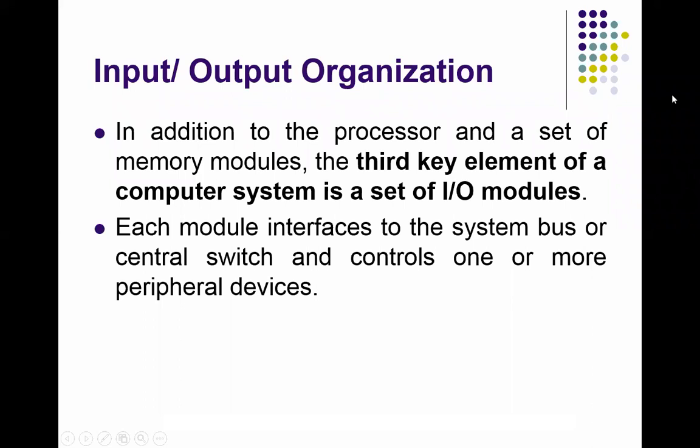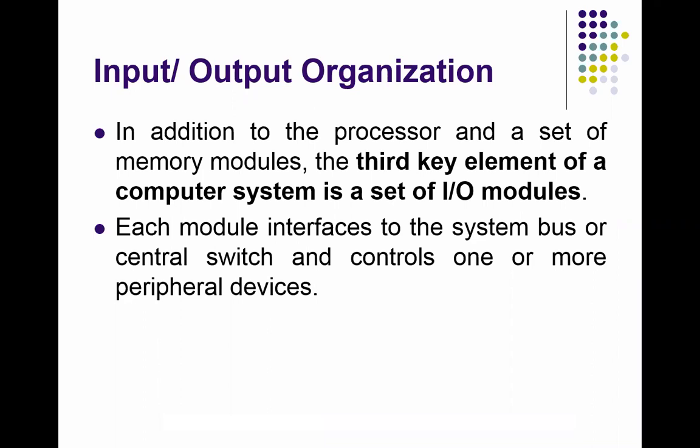So input output organization. As we have discussed earlier, in a computer there are multiple modules. There is a processor, and a set of memory modules we have discussed, primary memory, secondary memory, right? And we have seen how the processor executes the instruction, how the instruction is loaded, even the operand is loaded, different operations are performed as per the instruction, and how the result is stored.